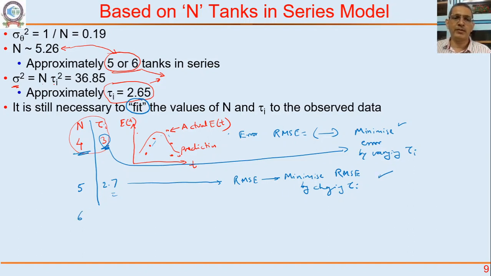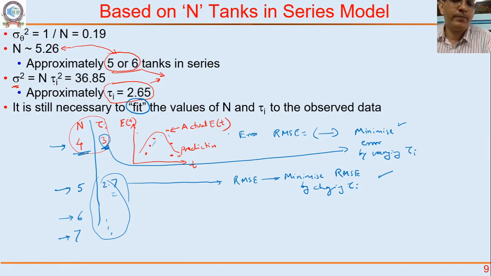Take n equal to 6, take n equal to 7. Each time you will get a value of tau I which minimizes the error. Now you can see which of these errors, with 4 tanks, 5 tanks, 6 tanks, 7 tanks, is lower.